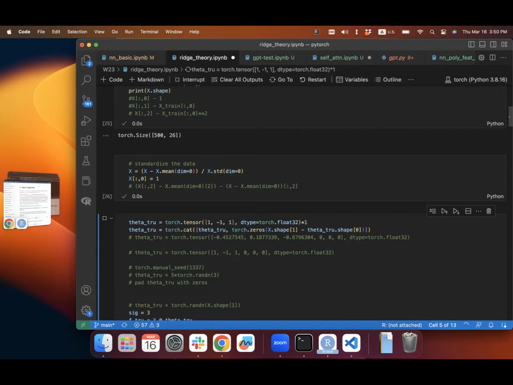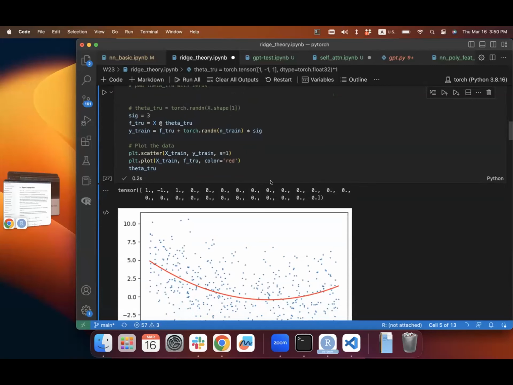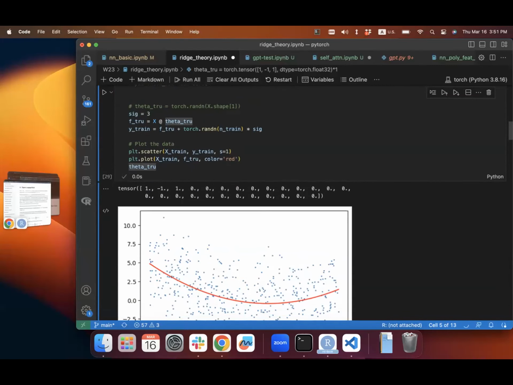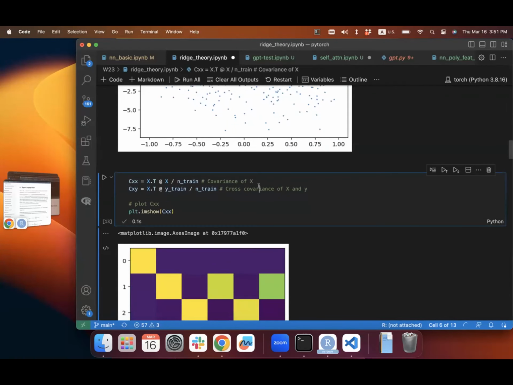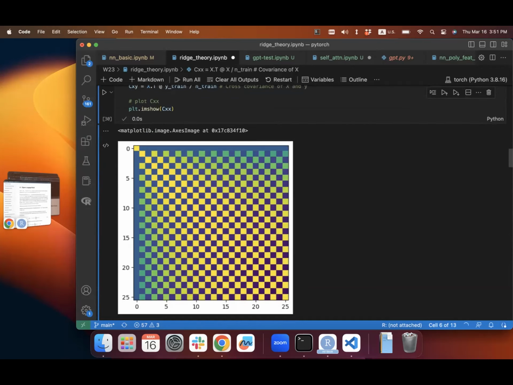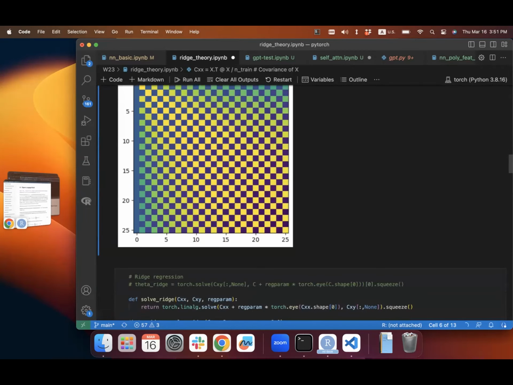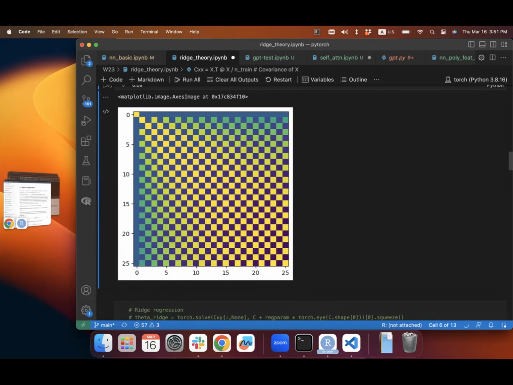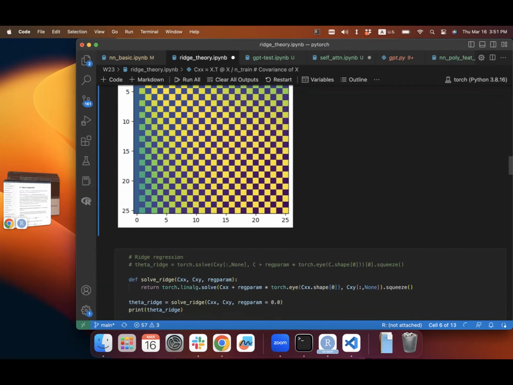The rest are going to be 0. So the actual true function is still this. We haven't changed the true function. This one is going to look like that because the basis now has 26 columns.